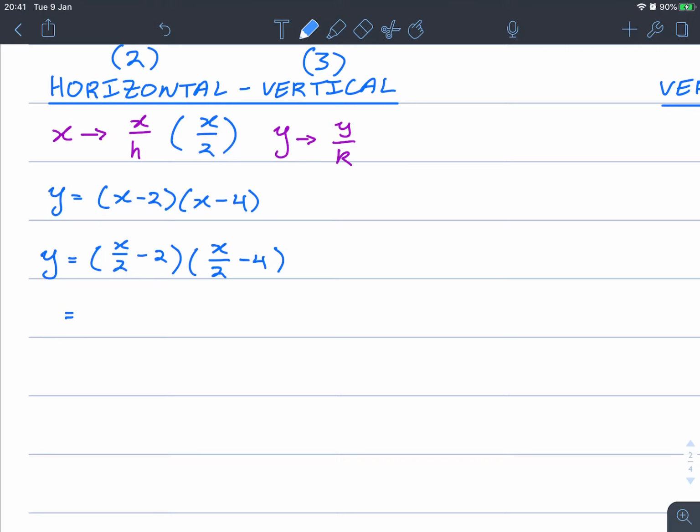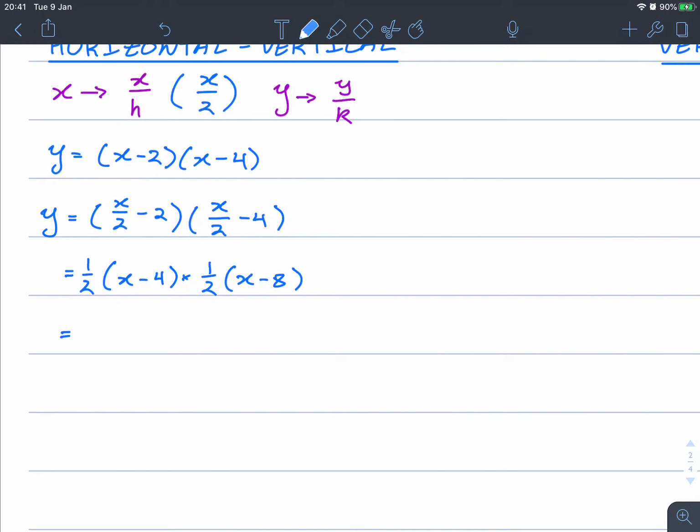Multiplying these out by 2, or factoring out a half on each, we will get a half times (x minus 4), and for this one, times a half times (x minus 8). Overall, this will give us 1/4 (x minus 4)(x minus 8).